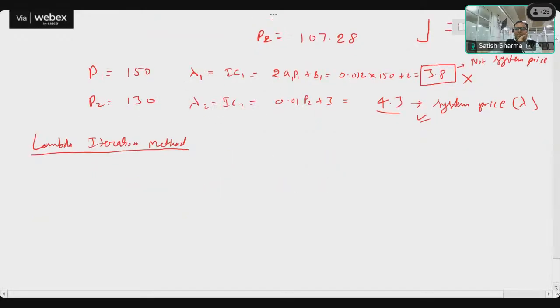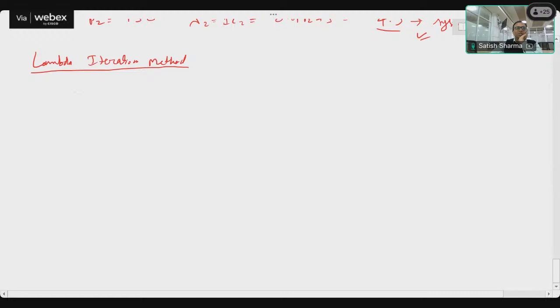It does not need any solution technology. First of all, what we can do is assume or basically broadcast a certain lambda, an initial lambda value. So let's say lambda naught has been assumed.